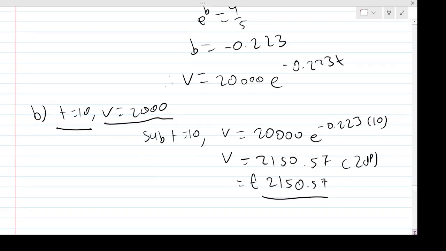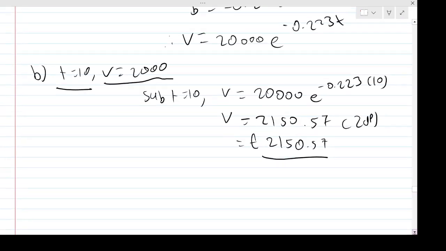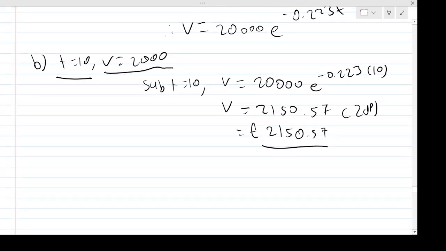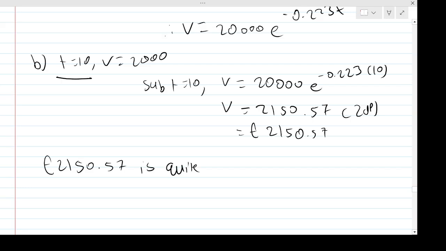Now, actually, you could argue it both ways. The mark scheme is, as long as you justify your answer, you could either say the model's not reliable or it is reliable. This is a bit subjective. Some people might argue that 2150.57 is quite close to £2,000, so therefore the model is reliable.